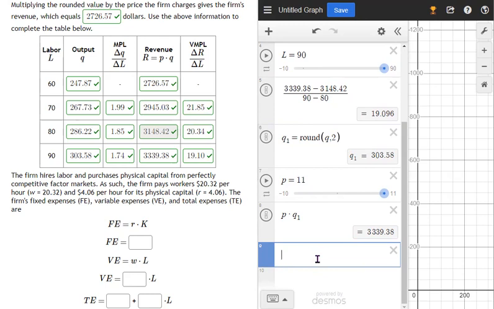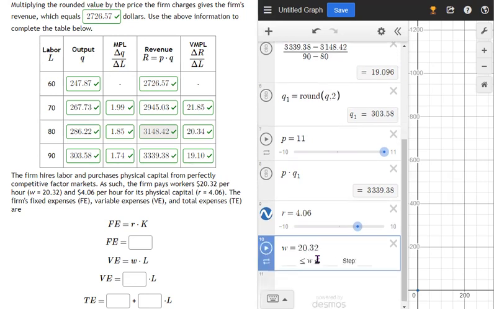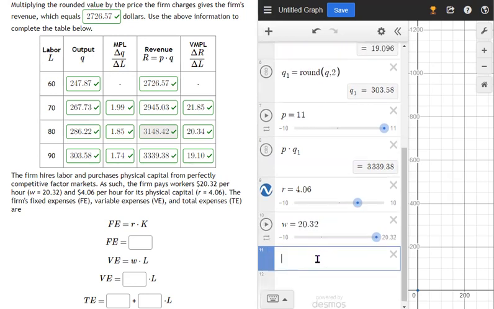So we got the R, which equals 4.06, right, per hour. We got the wage, which is $20.32 an hour, right?